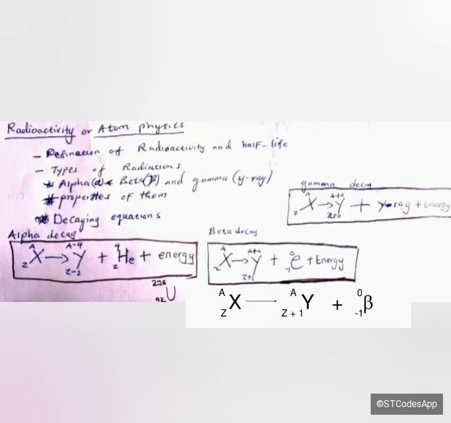Apart from the GM tube, you can also use a scintillation counter to detect radiations. You can also use the cloud chamber to detect radiations.